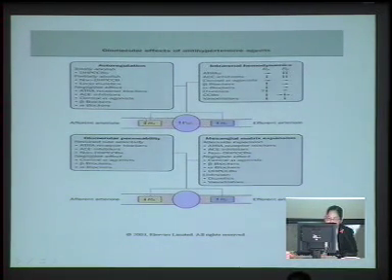This is the diagram showing the glomerulus, afferent arteriole and efferent arteriole, and a lot of blood pressure agents that act at different parts of the kidney, including ACE inhibitor and ARB.